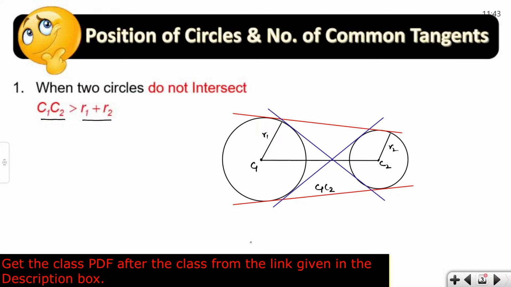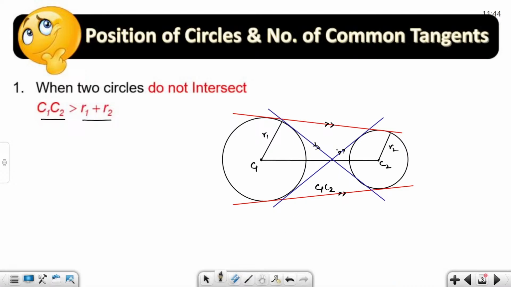Now we can easily see that there will be four common tangents. Two common tangents are drawn in these red lines, and two more common tangents are drawn in these blue lines.